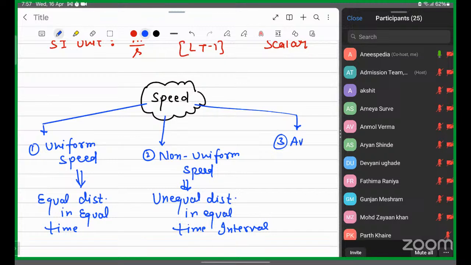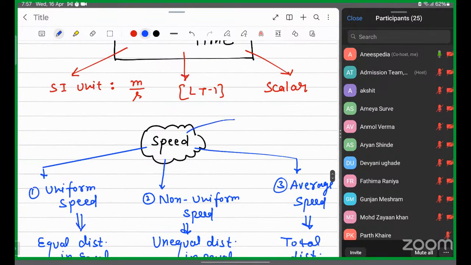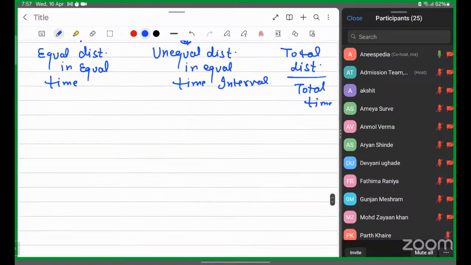Third, average speed. What is average speed? Average speed is total distance divided by total time. And the fourth one is instantaneous speed, which will be defined from average speed.